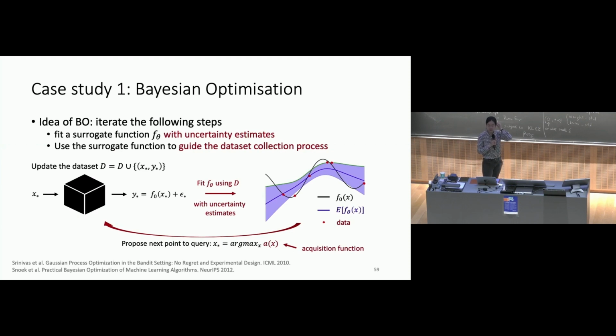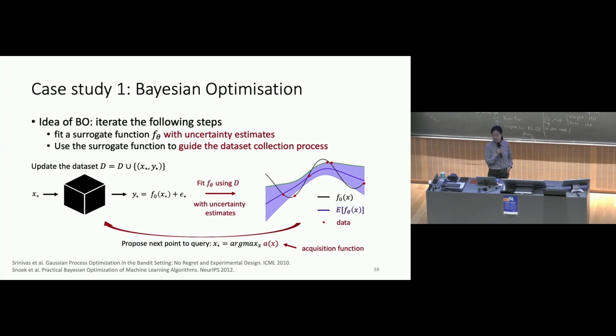So the advantage of Bayesian optimization is basically, first, you have uncertainty estimates on the function behavior that you have here. This will give you some very useful information to design this acquisition function. Second, the idea of using an acquisition function, right, is to basically just make your query efficient.